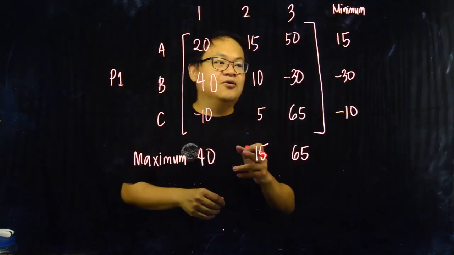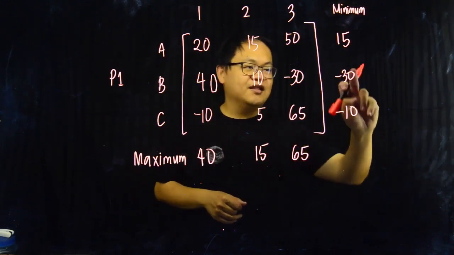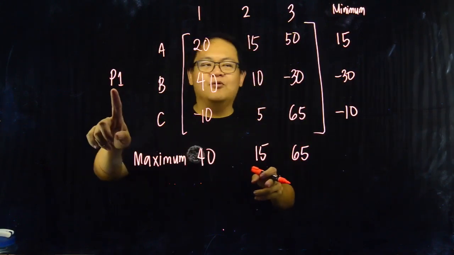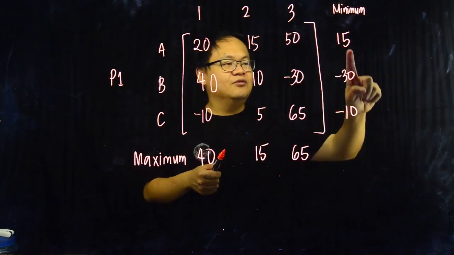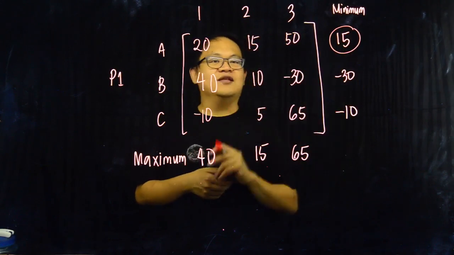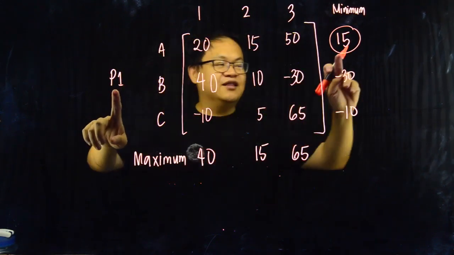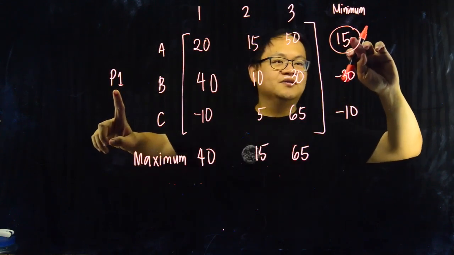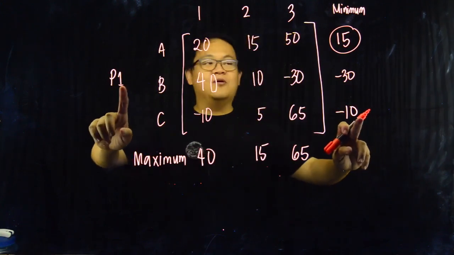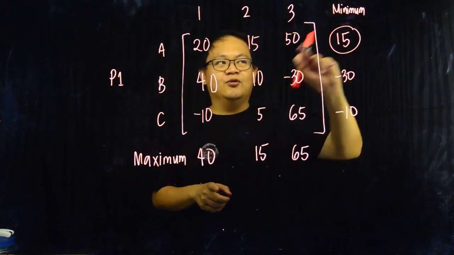Okay? Now, from the point of view of player 1, the 3 worst case scenarios are 15, negative 30, and negative 10. What do you think player 1 will prefer? To win 15, to lose 30, or to lose 10? Obviously, to win 15. Okay? So what are we getting?